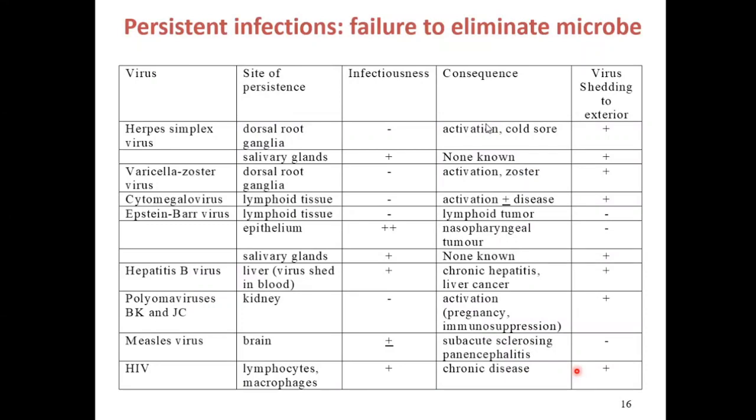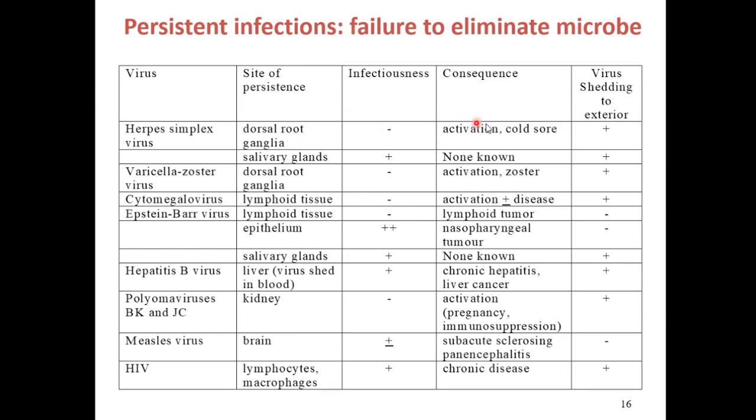So with persistent infection, we mean failure to eliminate the microbe completely. We have a number of viruses here which are characterized by persistence. We have herpes simplex viruses, which persist in the root ganglia neurons. They are not infectious in this condition.